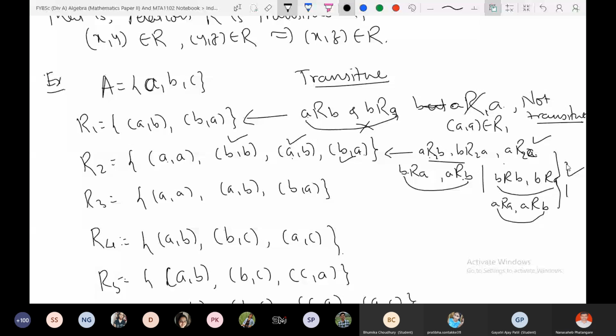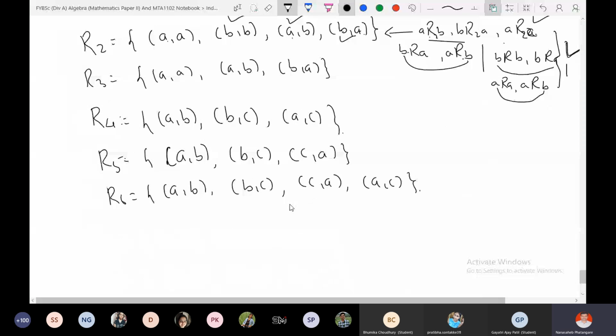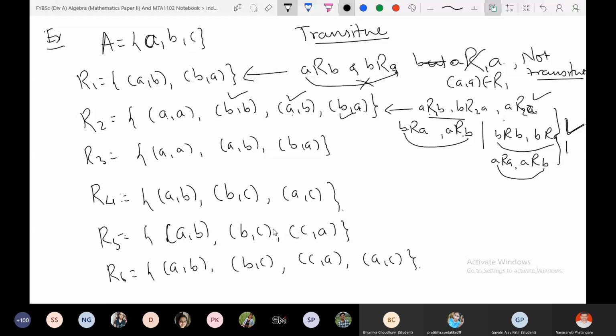Fine. Now check for the next one, R3. Is it transitive? Wait, sir. B is related to A and A is related to A. Is this true? Yes.